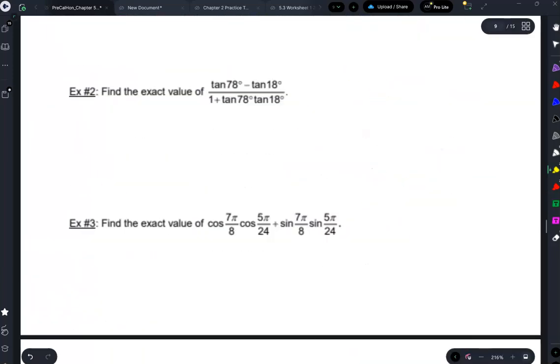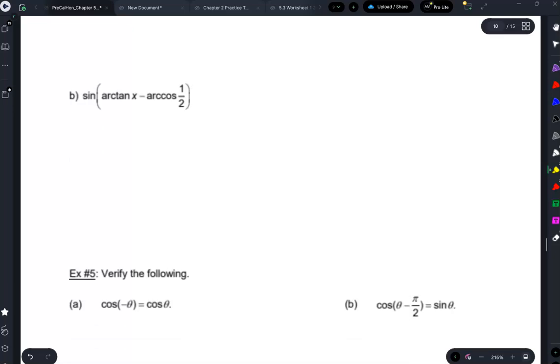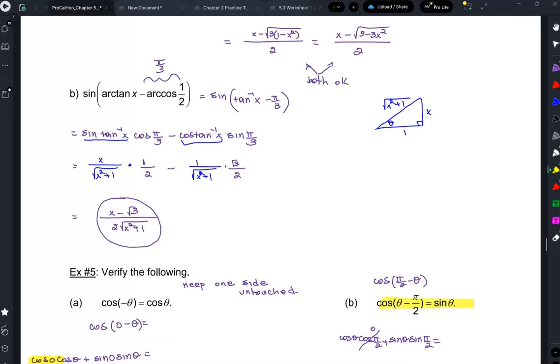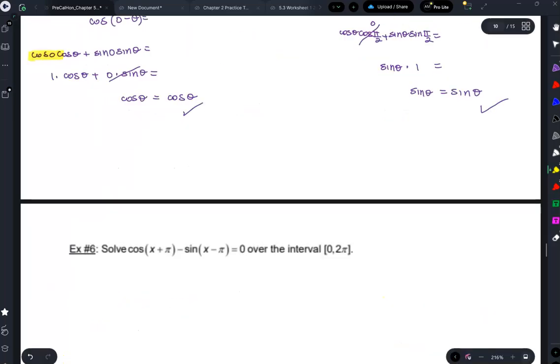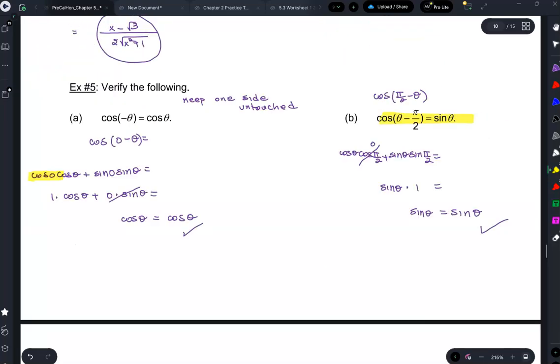I always say this. I have a question. How come the original is theta minus pi over 2 and then in the form we're writing it's pi over 2 minus theta? The difference between this and this is that one is the negative of the other.